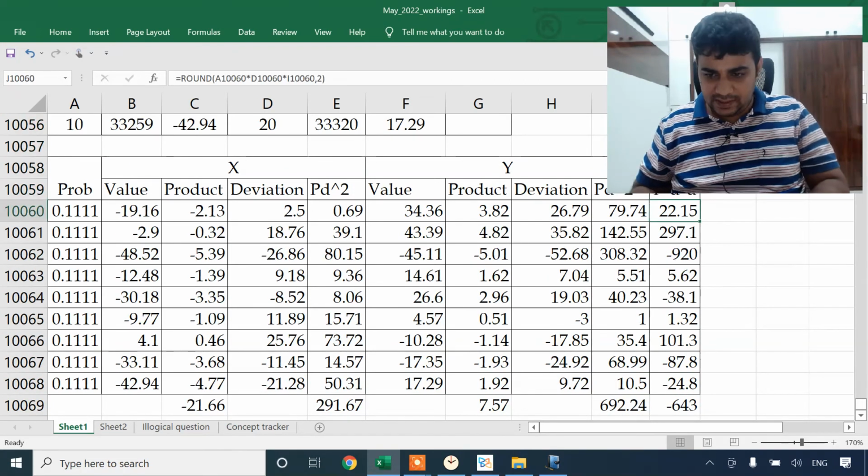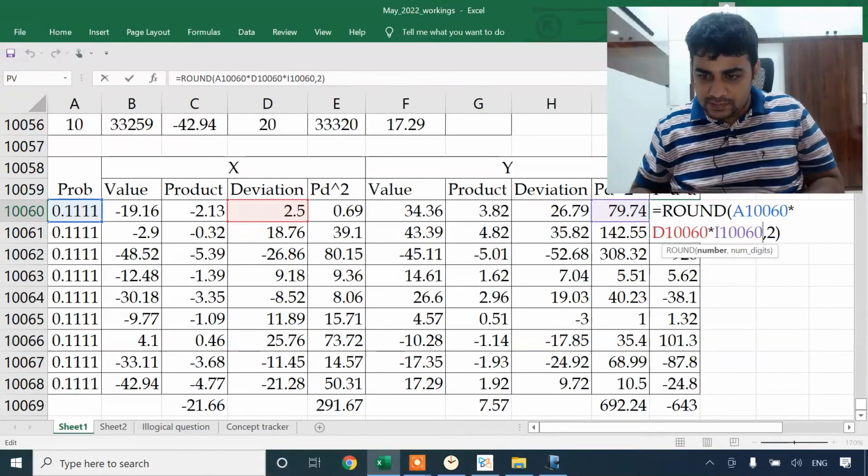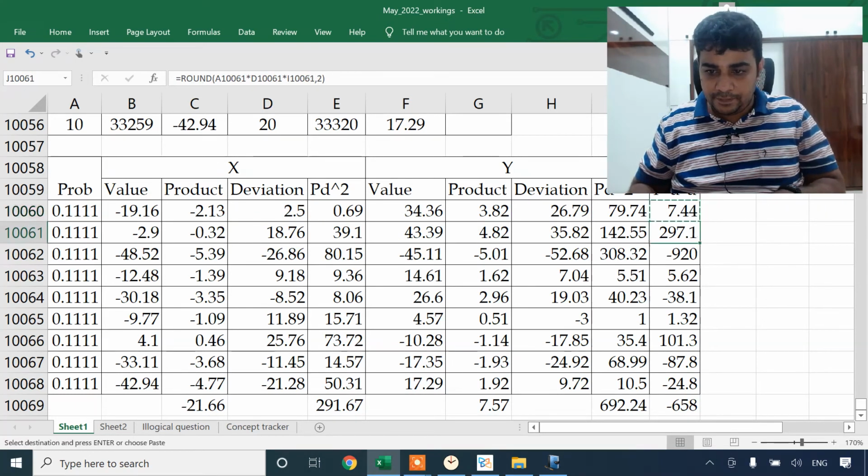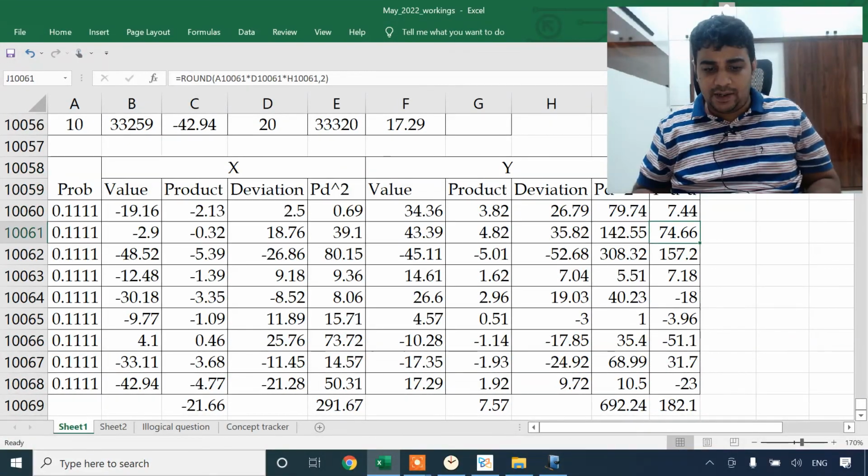Just let me check. Probability into deviation of x, deviation of y. I just hope there are no calculation errors.